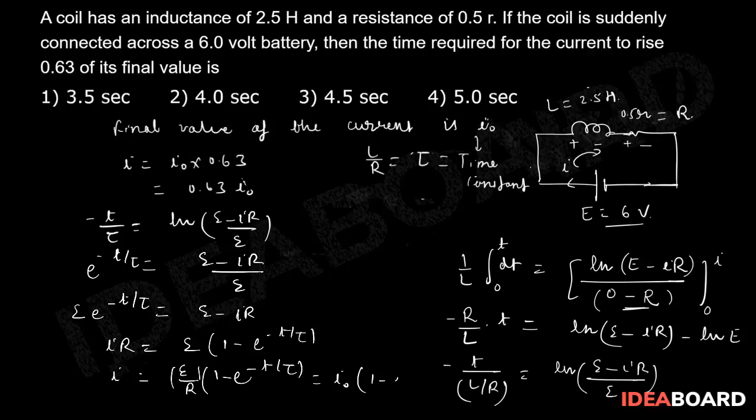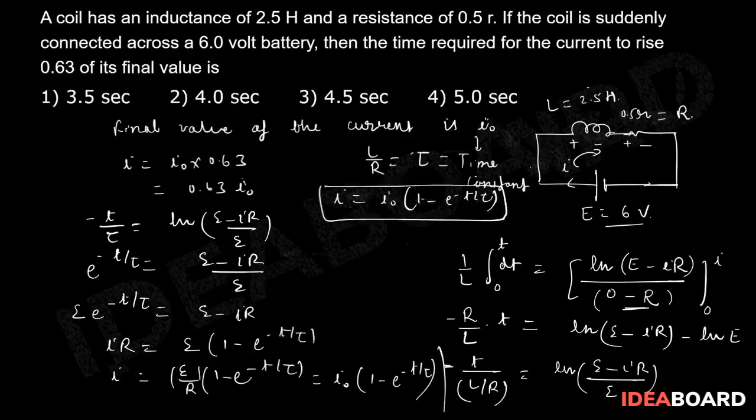So I naught times 1 minus e to the power minus t by tau. This is the final value. So we got the formula I is equal to I naught times 1 minus e to the power minus t by tau. This is a highly important expression. If you know this expression, it is highly recommended to apply it directly to get the final answers.